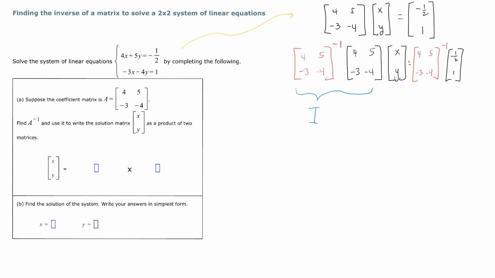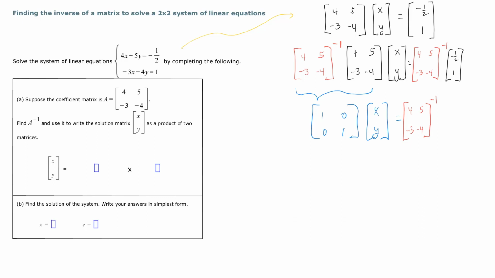Let me not use I sub 2. Why don't I explicitly write it out? The identity matrix will look something like this. And if you multiply the identity to x comma y, you simply get x comma y. And then over here, you get, hopefully, the answer to your system of equations. Now remember, that's not an exponent.